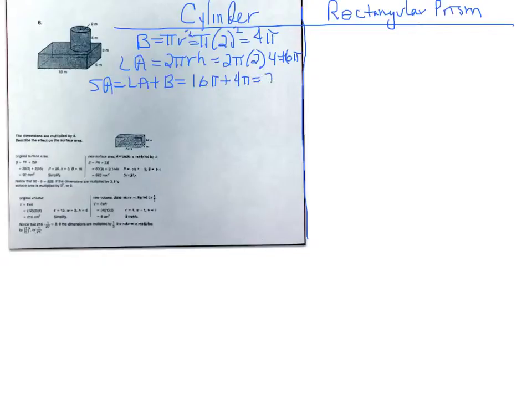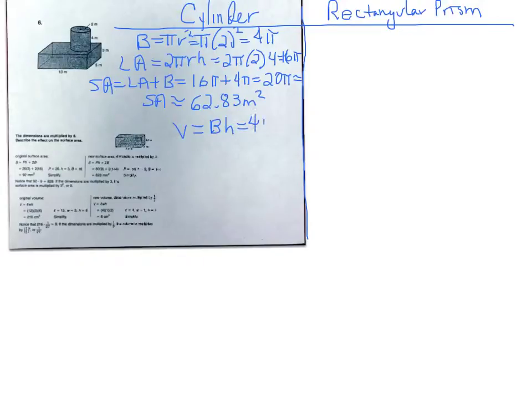So together is just 20 pi. And that is approximately, so surface area is approximately 62.83 square meters.